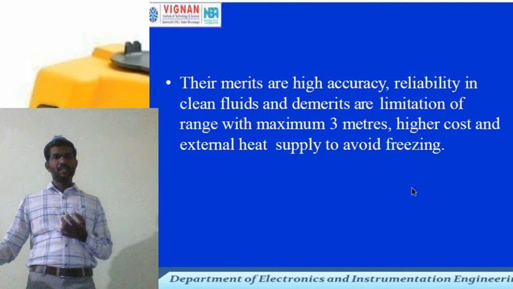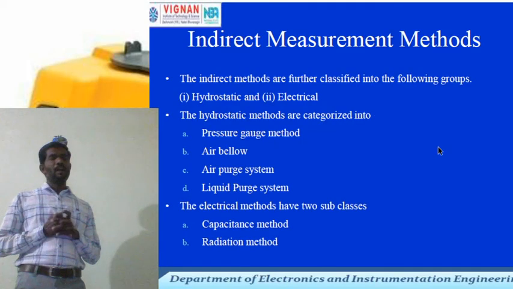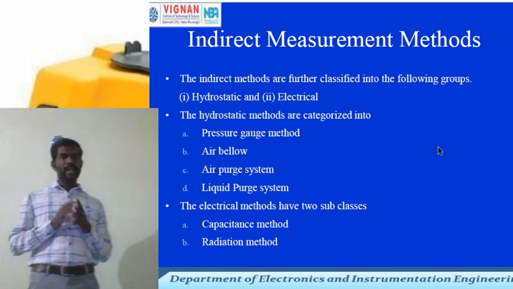The next one is the indirect measurement method of level. To measure the tank fluid level, we are going to take this indirect method. These indirect methods of liquid level measurement are classified into two types: hydrostatic and electrical.